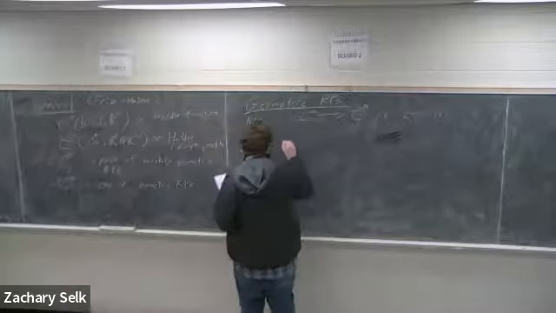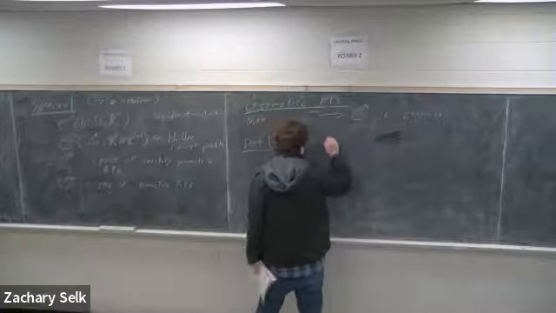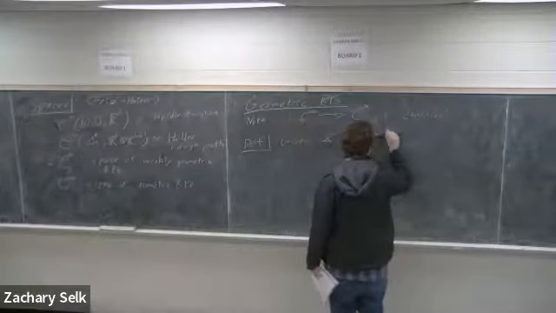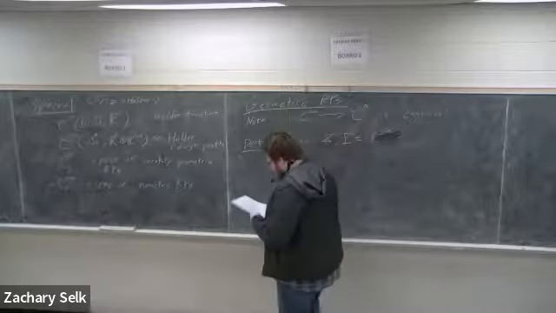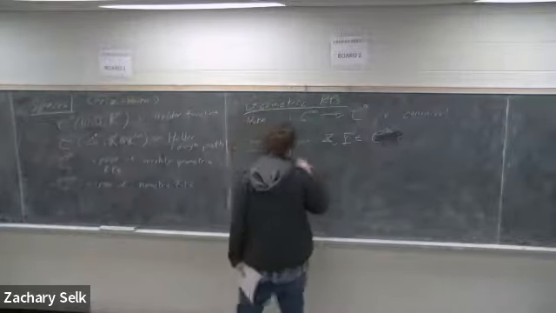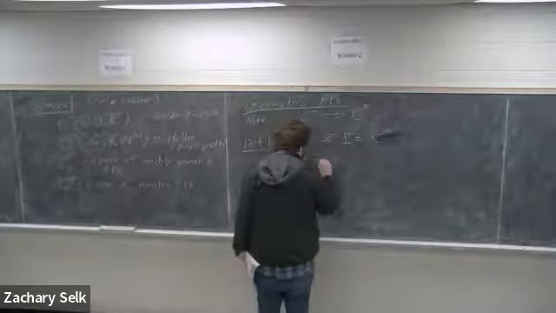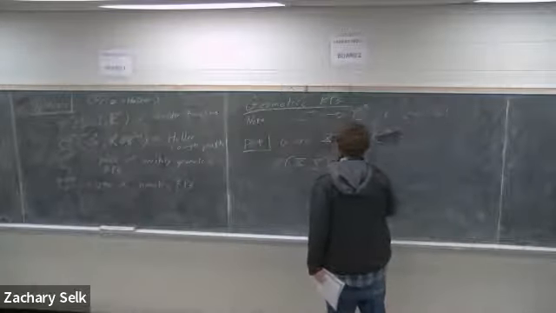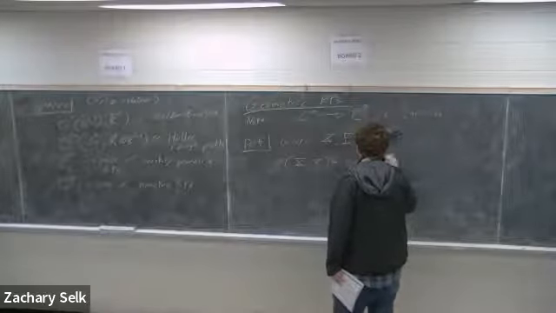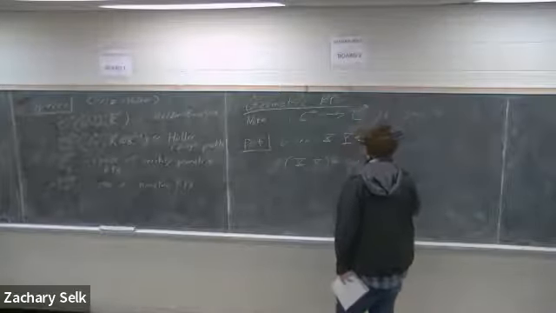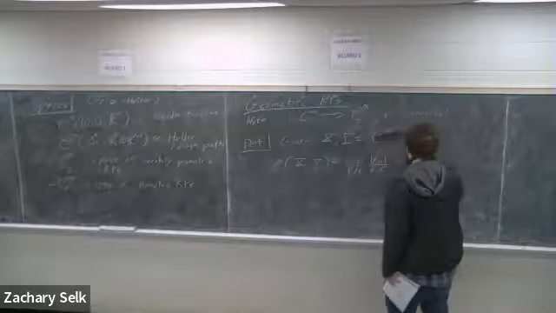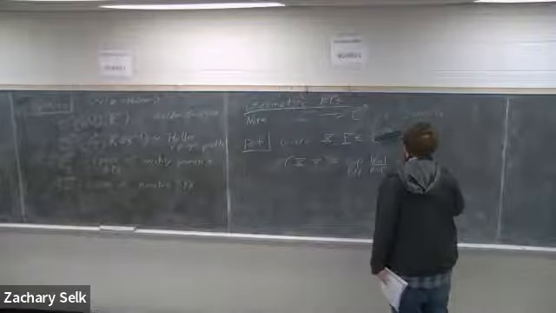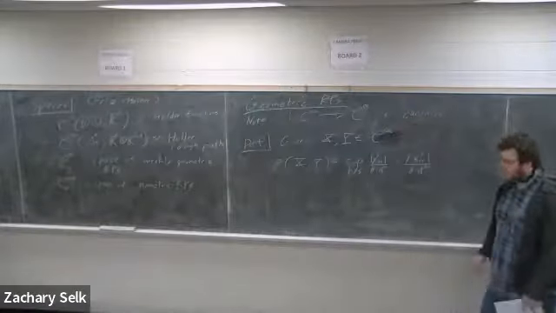We define this metric, rho of, given two rough paths. This is our metric.